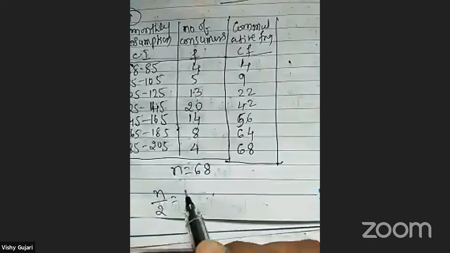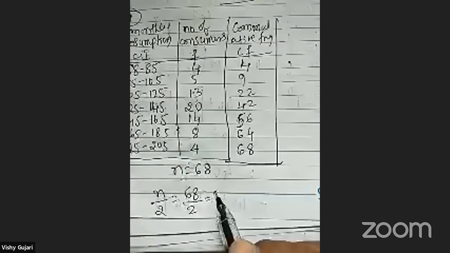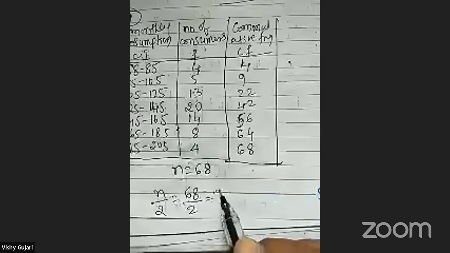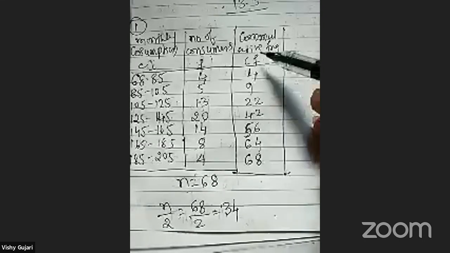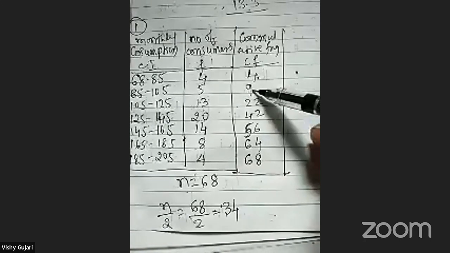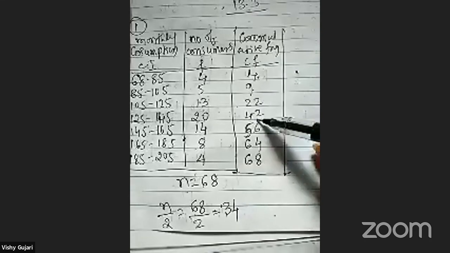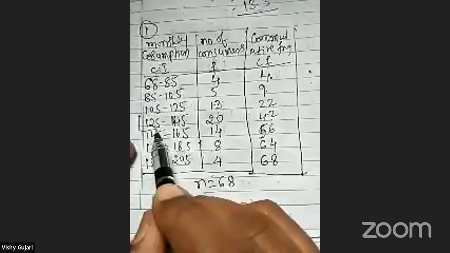Now, to find the median class, take n by 2, that is 68 by 2, which is 34. Come to the cumulative frequency column and see where you get 34.